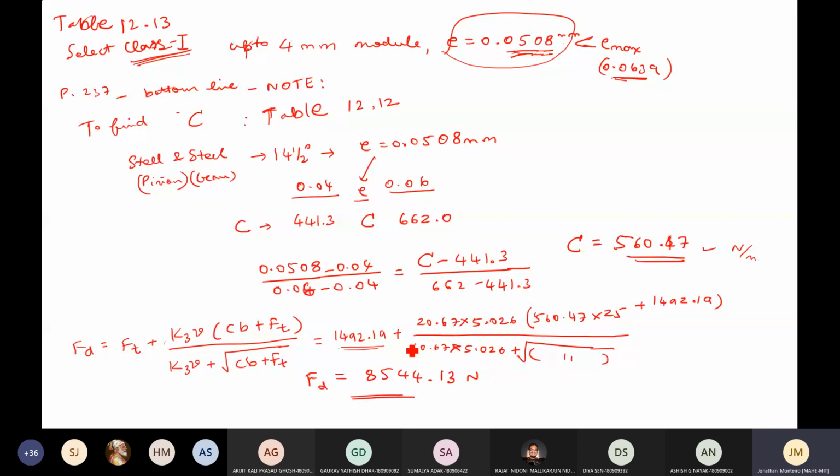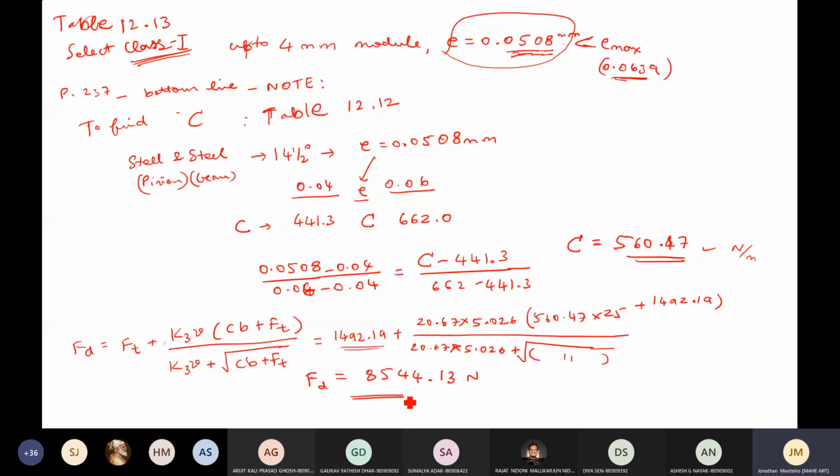So these factors have to be added for a successful design. Okay, so 1492 is just a static load according to the Lewis equation, and the same gear without any change of material, once you set the gear, if it starts rotating, the dynamic load on the gear tooth is 8544.13 newtons.